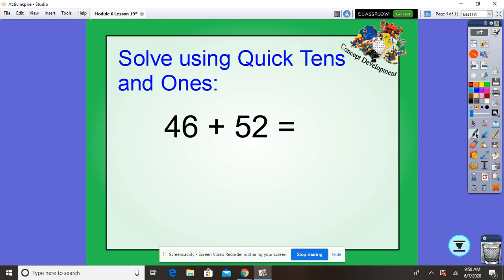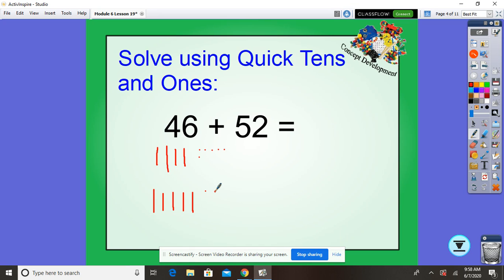The first strategy I'm going to show you is quick tens and ones by solving this equation, 46 plus 52. 46 has 4 tens and 6 ones. 1, 2, 3, 4, 5, 6. And 52 has 5 tens and 2 ones.